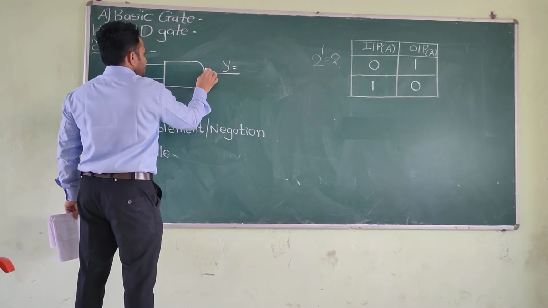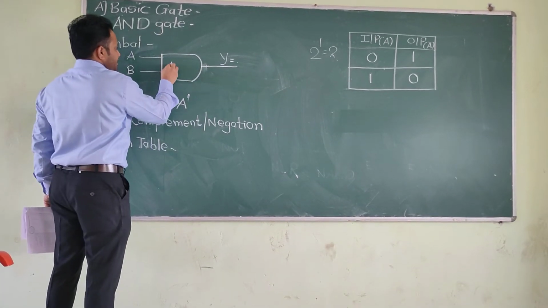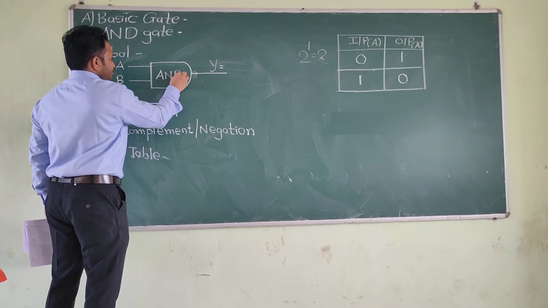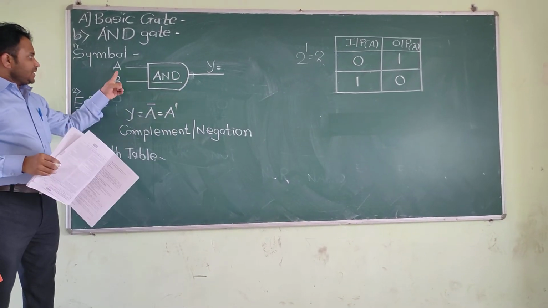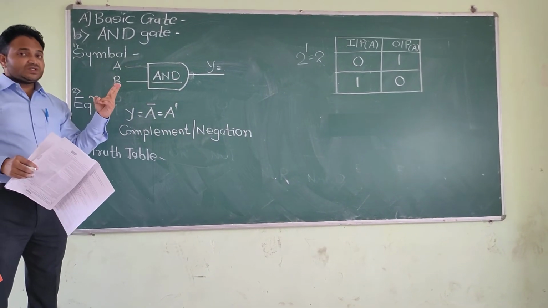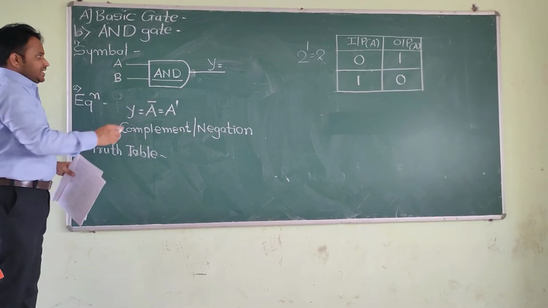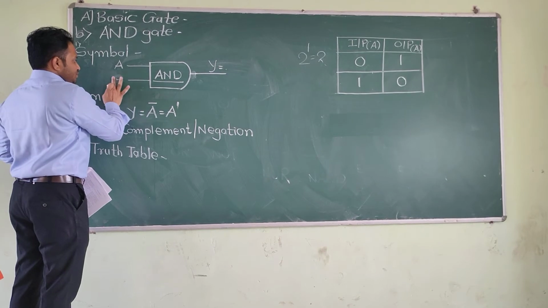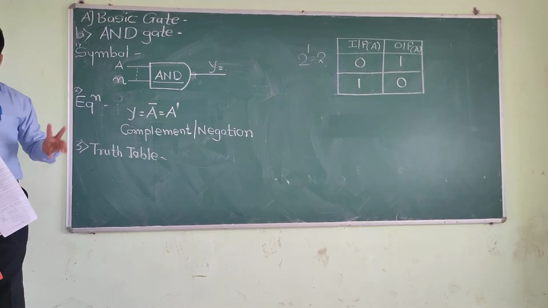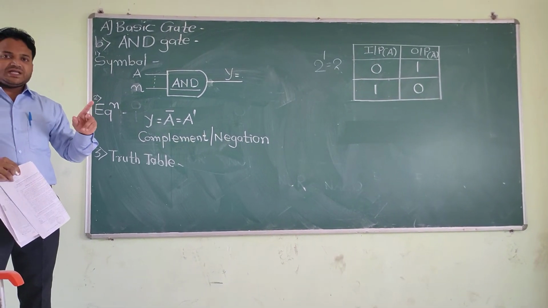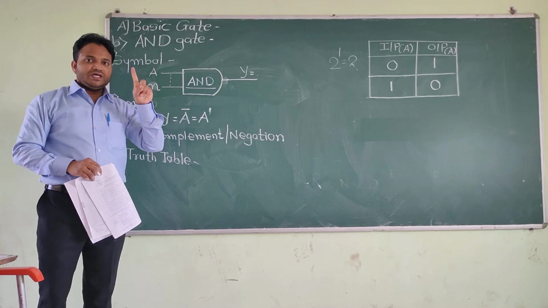So this is the symbol of AND gate. Clearly see the symbol. There are two inputs, but it is not mandatory that it has only two inputs. It may contain n number of inputs. So you can also show it like this: AND gate has A, B, C, like it has n inputs, but its output is only 1.